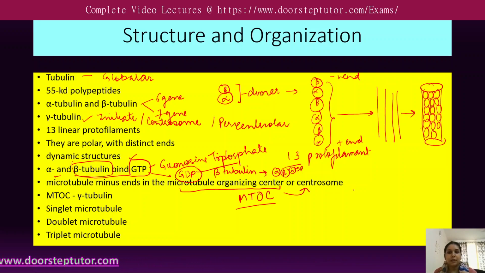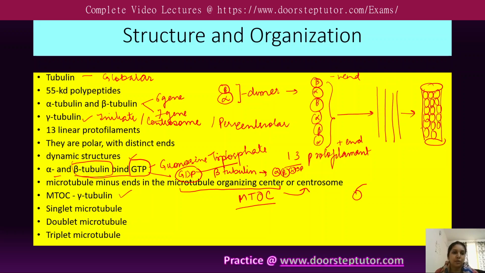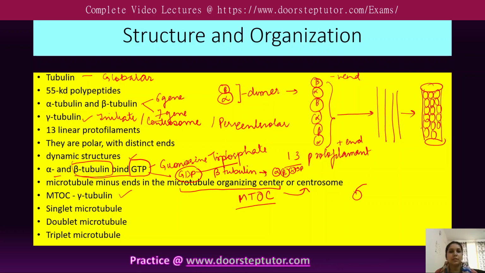So the negative part of the microtubule is embedded in the centrosome region, and this MTOC, or we can say the centrosome, consists of gamma tubulin, which is responsible for the synthesis of microtubule.